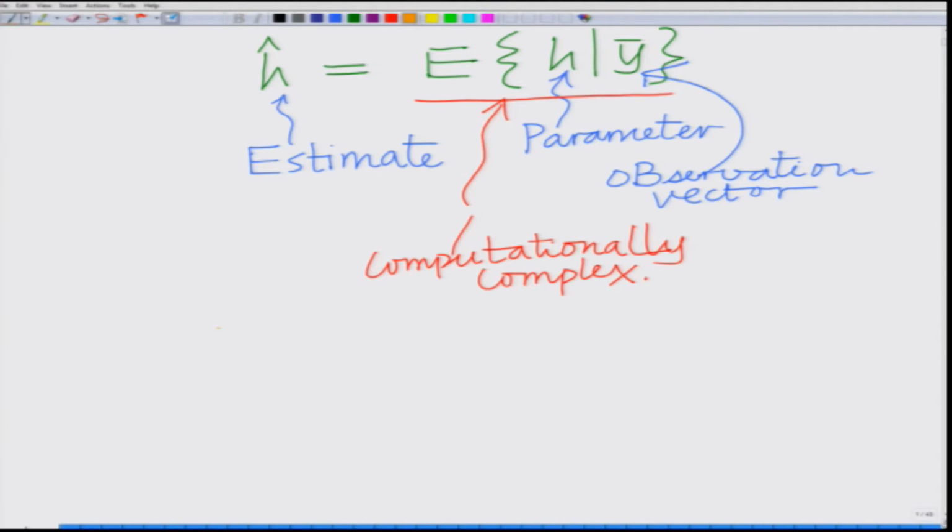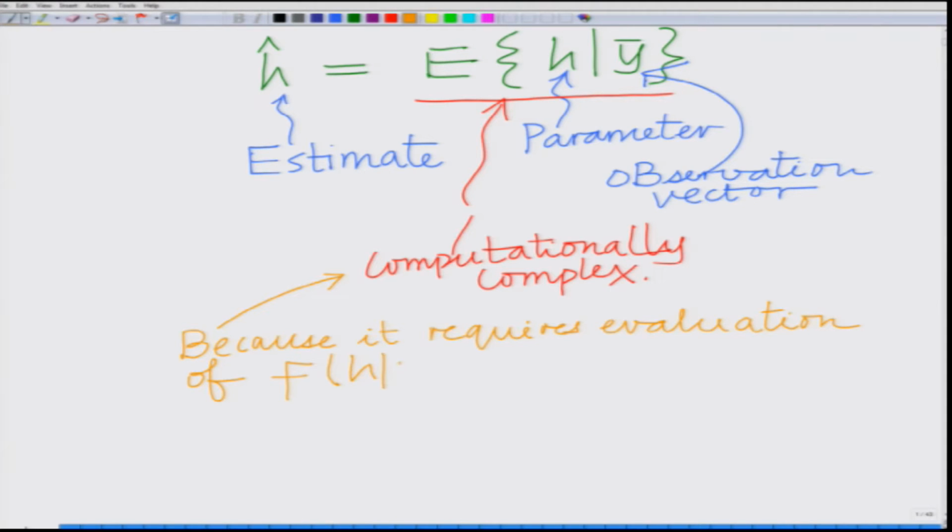This requires evaluation of f of h given y bar.